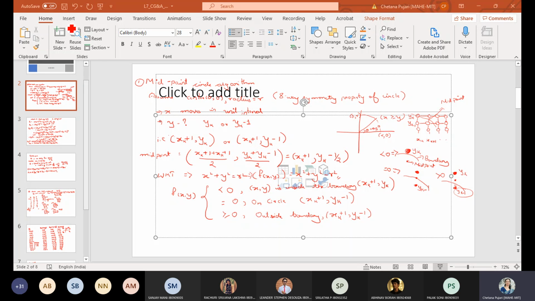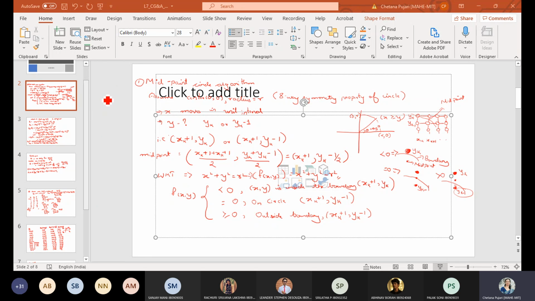Before I start, we already know that the circle follows eight-way symmetry, right? We are going to start with the first octant, which starts at angle 90 degrees, and you are going to calculate till you reach 45 degrees.